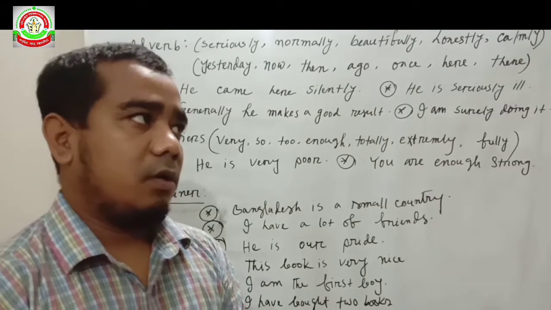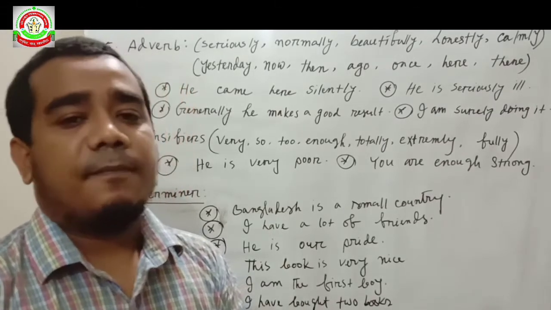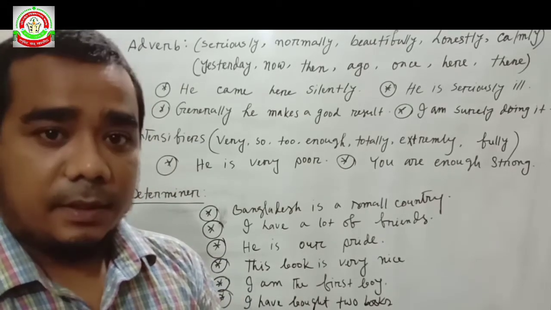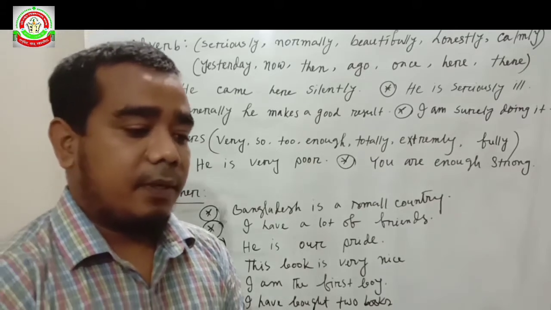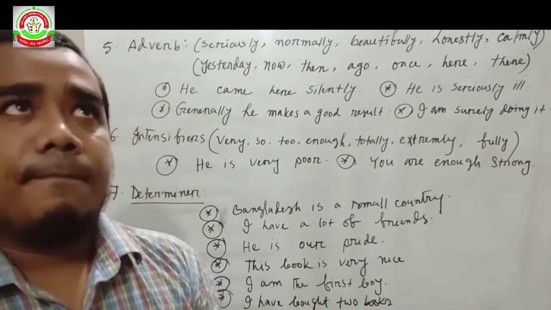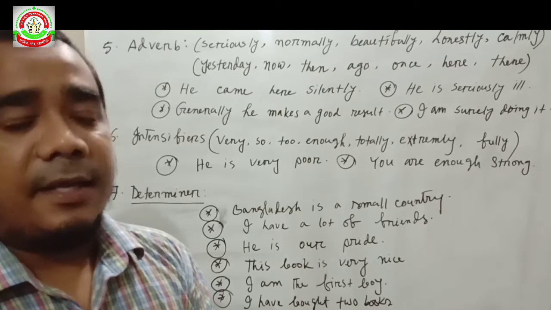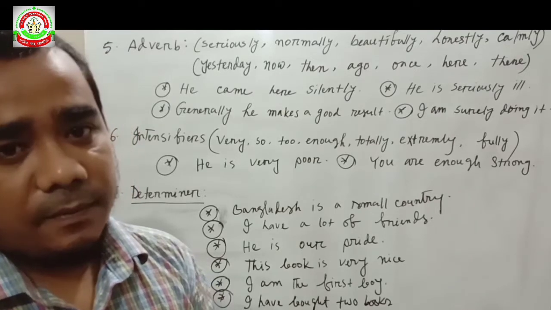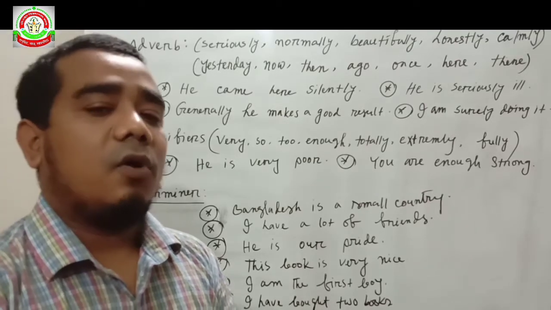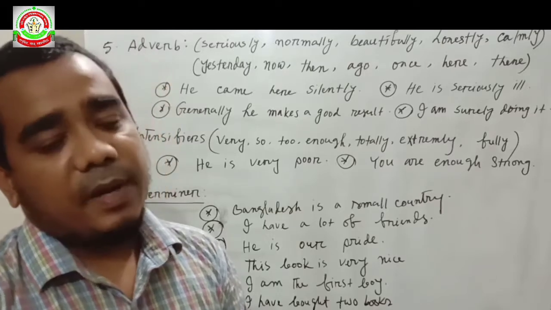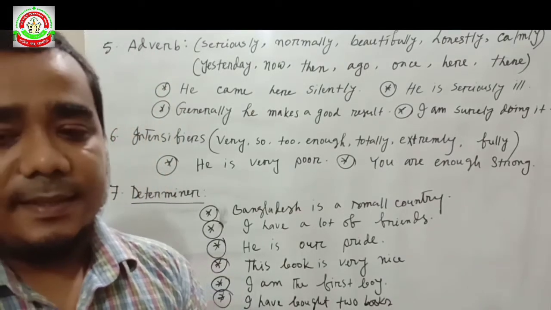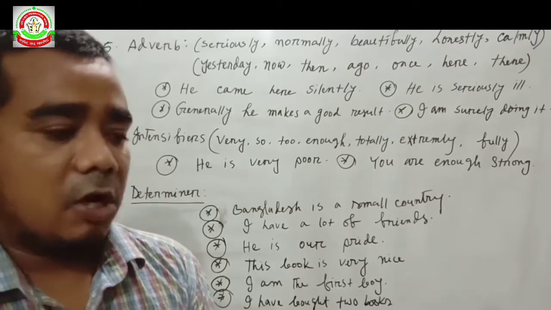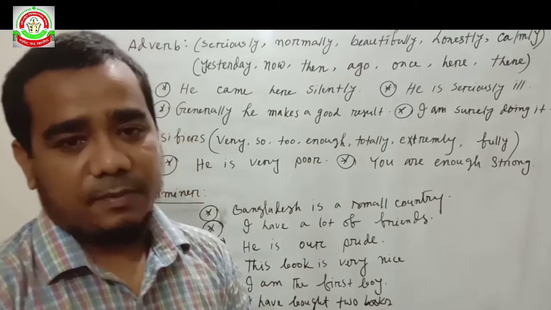And we know basically an adverb is formed from an adjective by adding ly, and an adverb can modify an adjective, and an adverb can modify another adverb. An adverb can modify the whole sentence. Actually, an adverb plays a very important role in a sentence, and it gives information about the verb of the sentence and tells something about the verb.